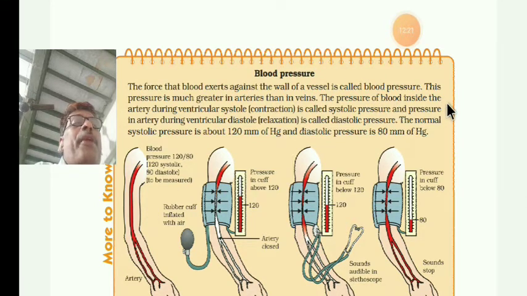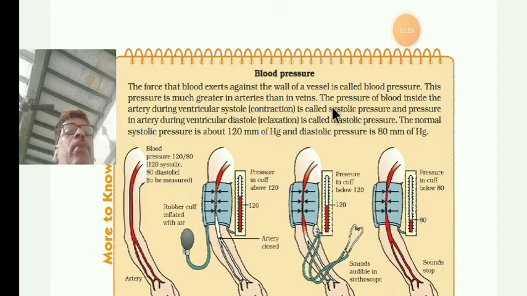The pressure of the blood inside the artery during the ventricular systole, or contraction, is called systolic pressure. And the pressure in the artery during the ventricular diastole, or relaxation, is called diastolic pressure.